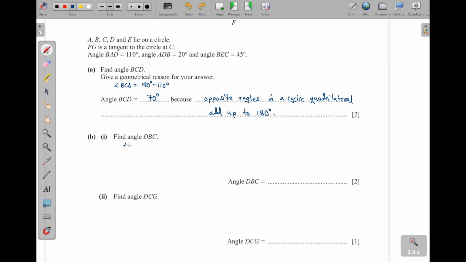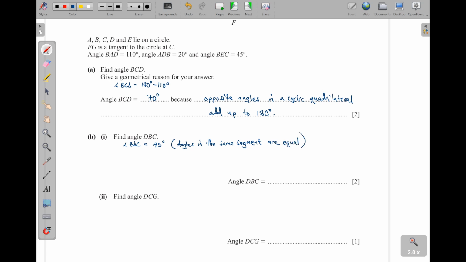So I will say angle BDC is equivalent to 45 degrees. Why? Angles in the same segment are equal. Angles in the same segment by the same arc. Suppose they had asked us the geometric reason, just like up there. The same segment are equal.